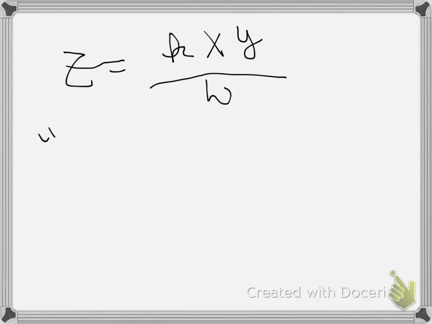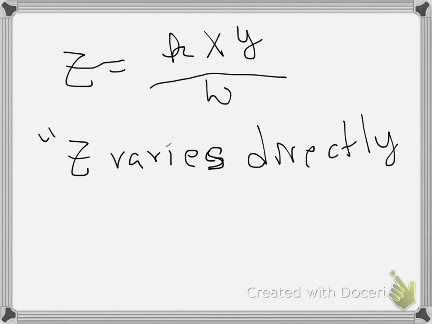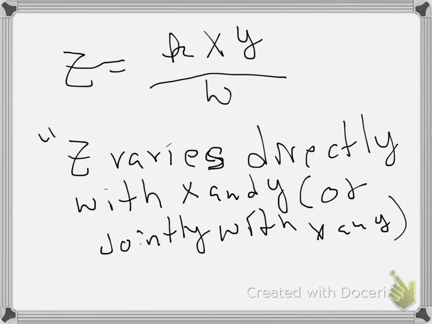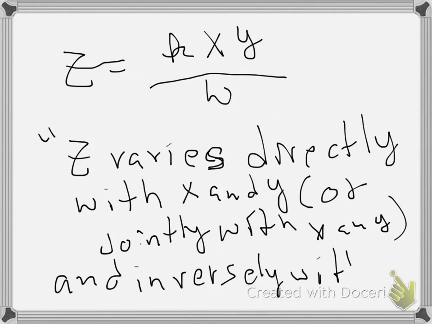And here we would say something like z varies directly with x and y, or you would say jointly with x and y, and inversely with w.